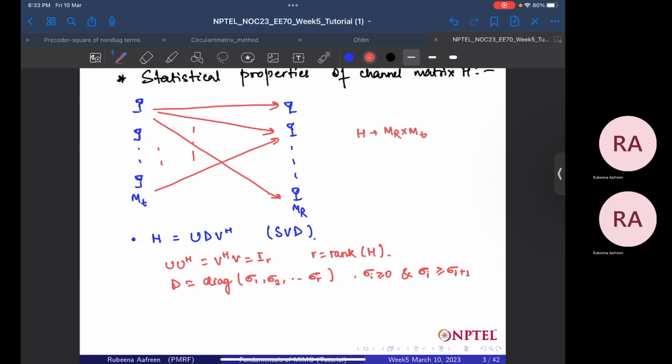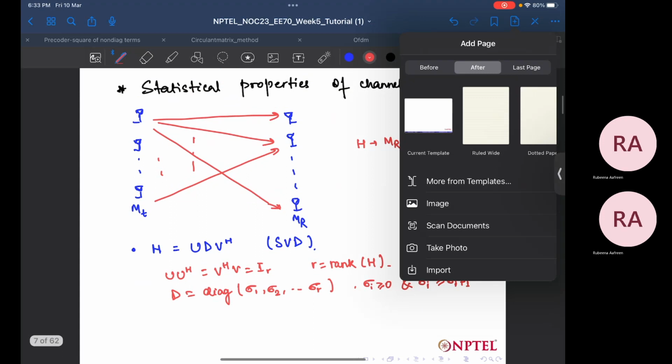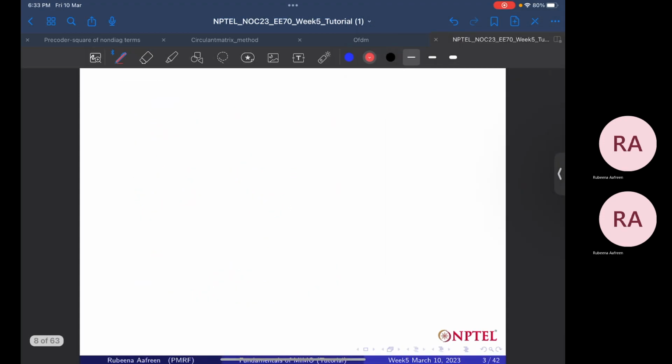Okay. So the main thing that I wanted to discuss here is, now we know the channel matrix H. So H times H Hermitian would be, this is MR by MT, so H Hermitian would be MT by MR. So this would be an MR cross MR matrix.